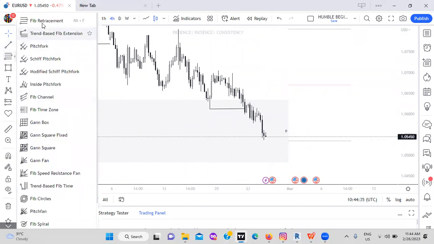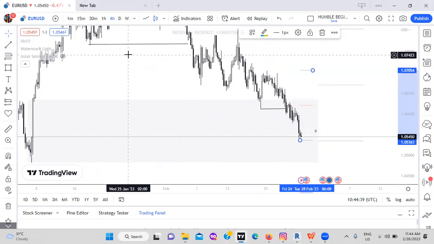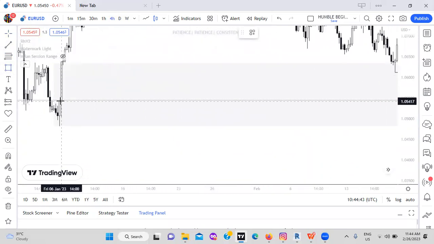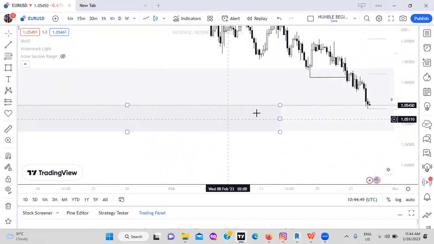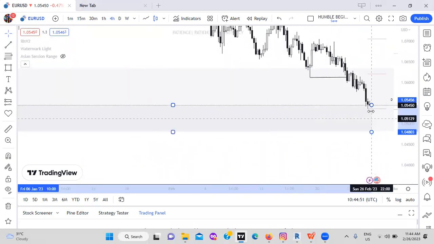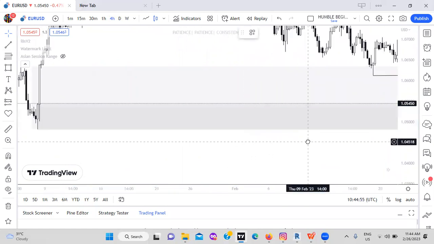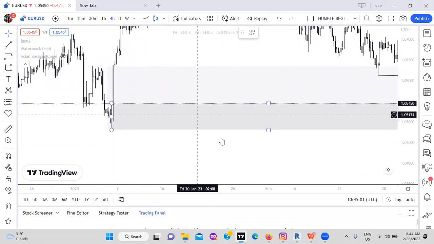Currently this is the range that we're dealing with, right? This is where it gets interesting because we could potentially see a reaction from this extreme 4 hour demand zone, which to me is a really important zone. We can see its liquidity and we can see the massive reaction from this demand zone, right?